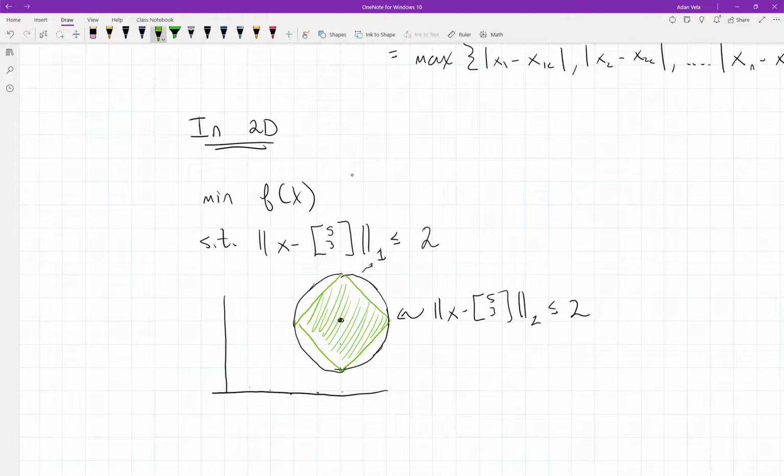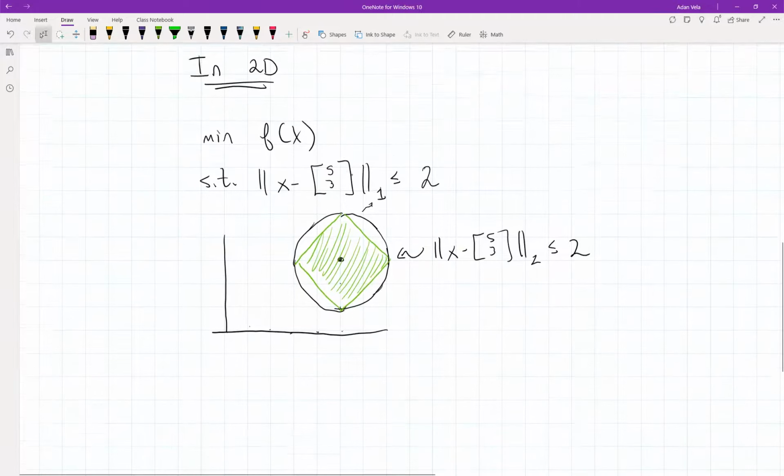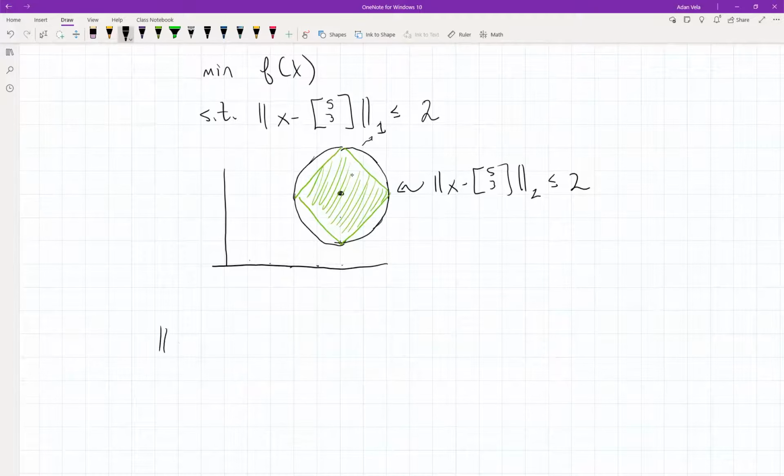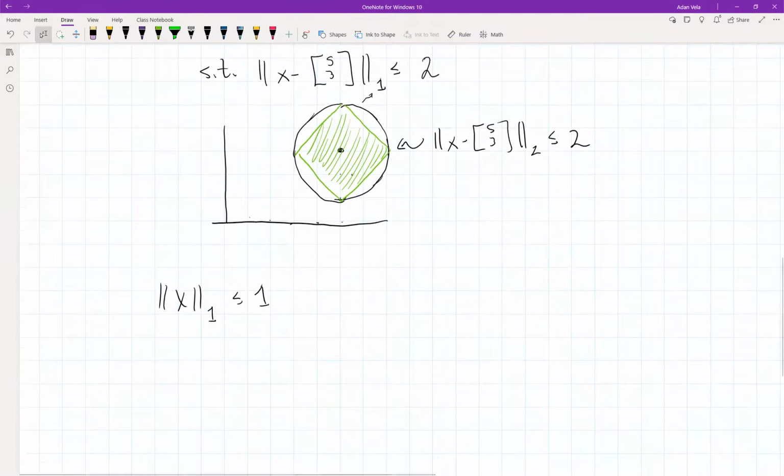So that's pretty useful. If you want to understand where that comes from, I think we could always look at the simple case where we just say the L1 norm is less than or equal to 1, right? That would be the same as saying the absolute value of x1 plus the absolute value of x2 is less than or equal to 1.